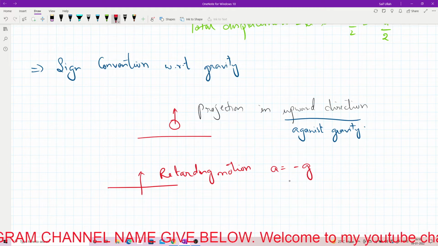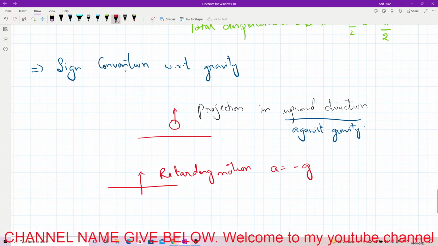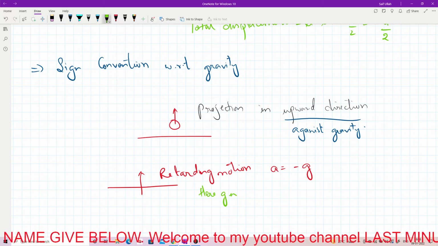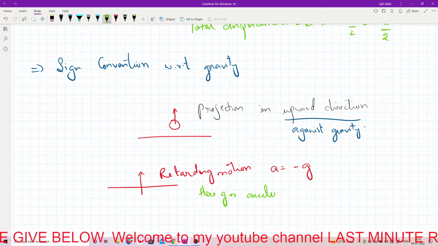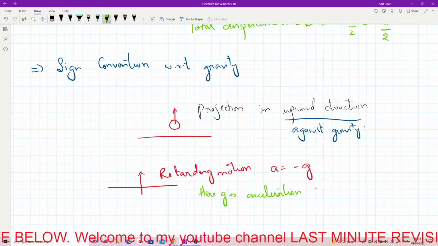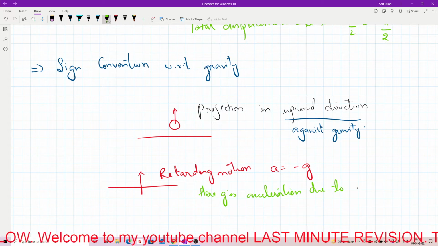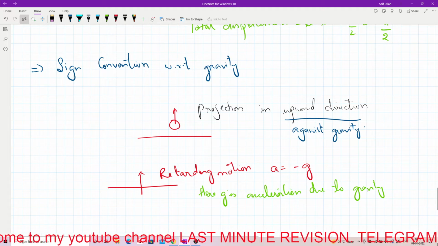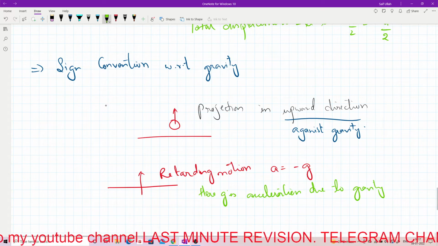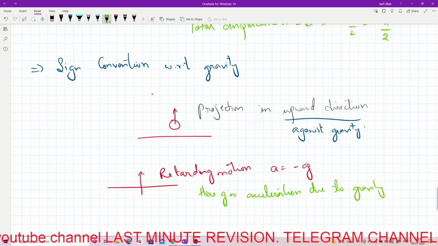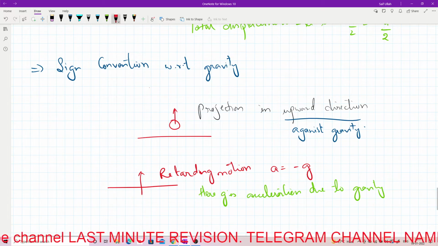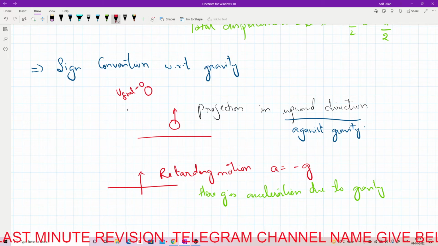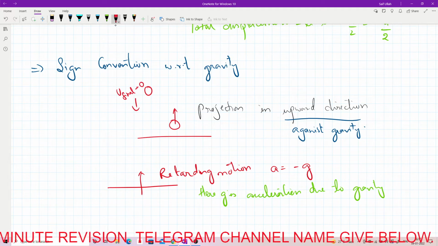Here g is acceleration due to gravity. You got my point. But at some point it will become 0 here. The final velocity will become 0 and it will be a returning journey.